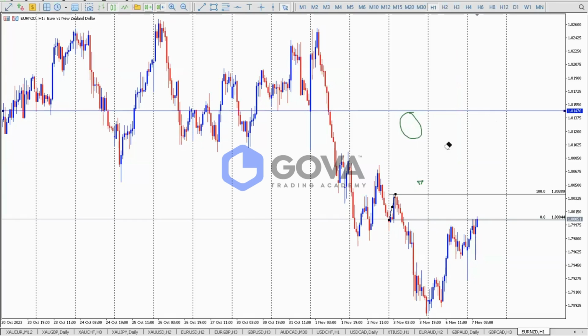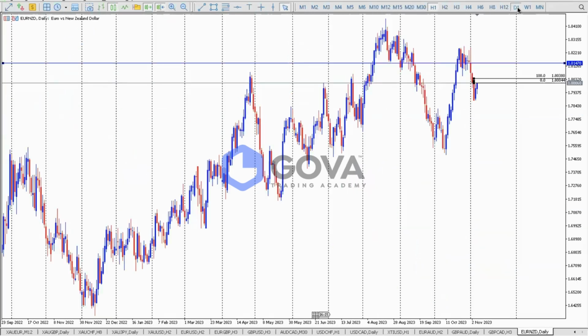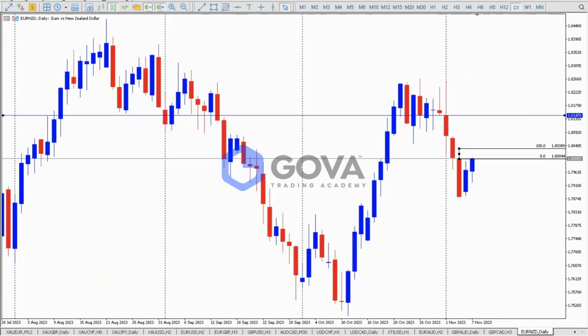However, let us check if this trade is sitting in the right location on a higher time frame. By looking at it, it is also not sitting in the right location, because on a psychological location, it is not sitting in the right location. It means the location is far above.